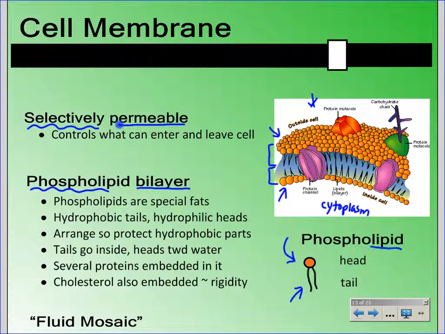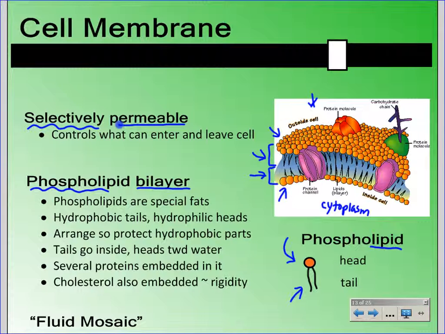The reason it's called phospholipid, lipid, is that they're a class of molecules that don't interact well with water. They are hydrophobic. This long chain, this fatty acid tail, is a long hydrocarbon tail, and they don't interact well with water, so in order to protect themselves from water, they orient themselves towards each other on the inside of the phospholipid bilayer.